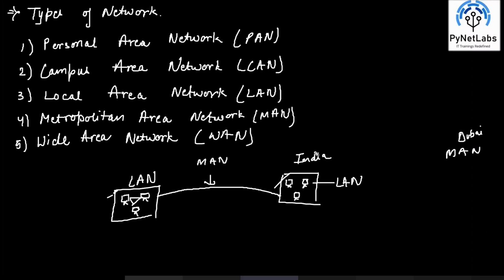Now if we connect India with Dubai, this will be known as WAN, which is wide area network. So you can now understand this more specifically. When we connect countries together, we call it a WAN. When we connect states together, we call it a MAN. And when the network is configured locally in the office, you can call it a local area network. So this was all about types of network.